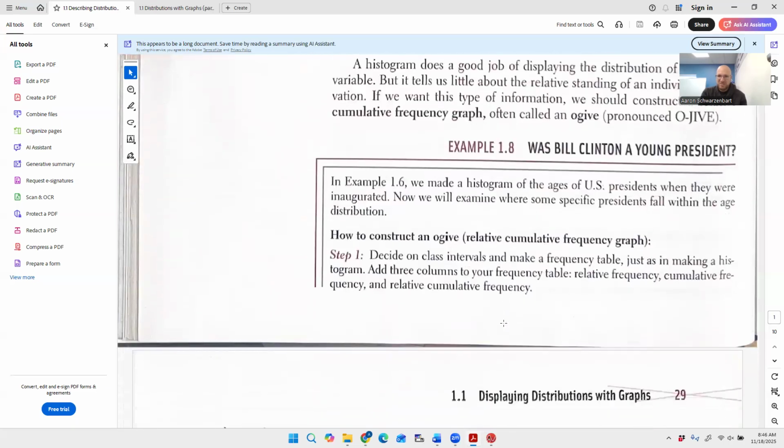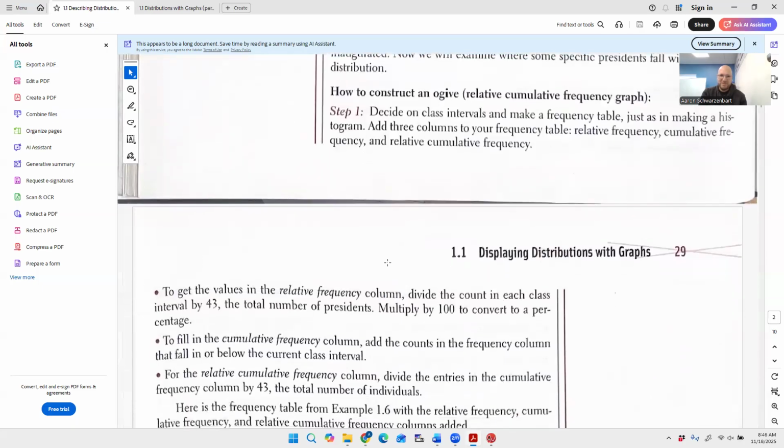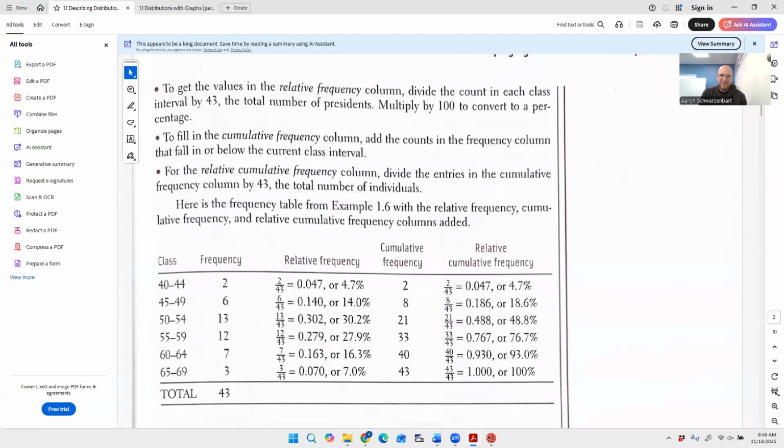So what we can do is construct an ogive or a relative cumulative frequency graph. To get these categories, now they're just putting them in the categories, right? So essentially, we made our histogram by hand. We could just order the graph because he was 46. I think he's the third youngest.